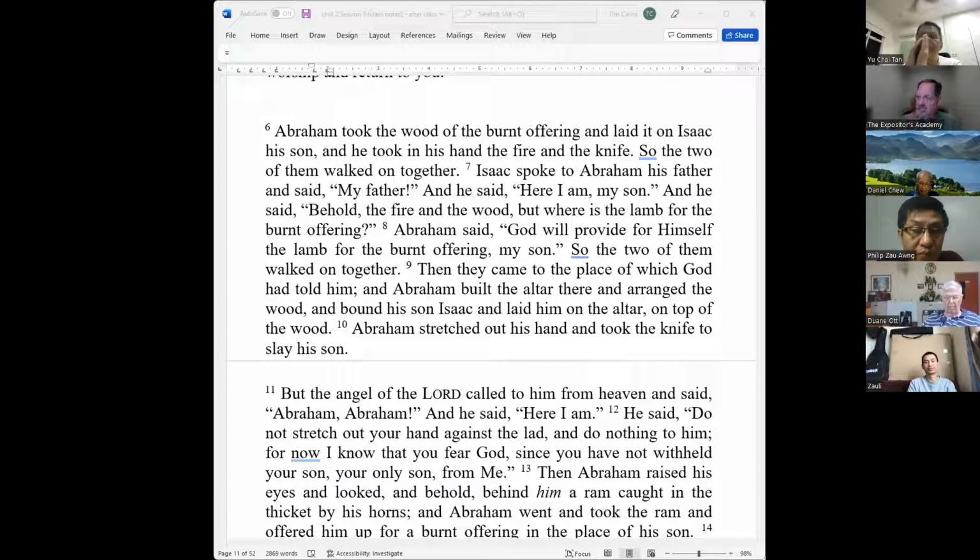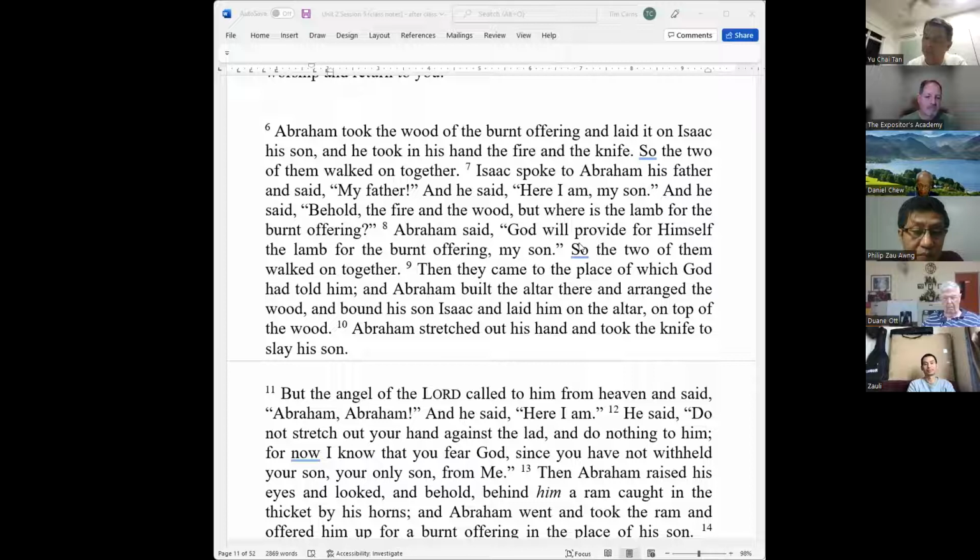So the two of them walked on together. Then they came to the place of which God had told him, and Abraham built the altar there and arranged the wood and bound his son Isaac and laid him on the altar on top of the wood.